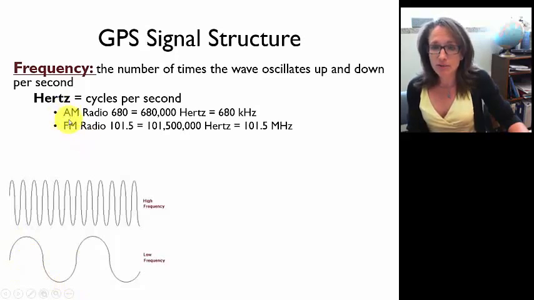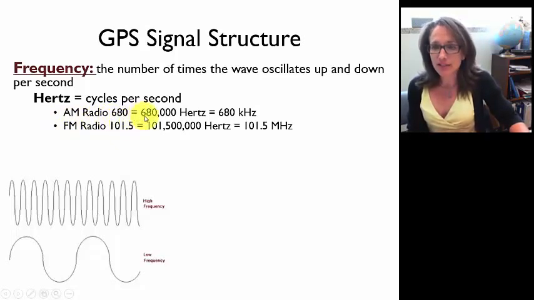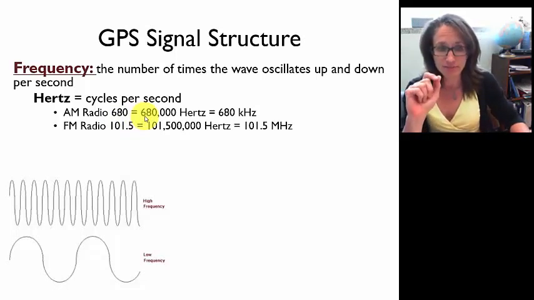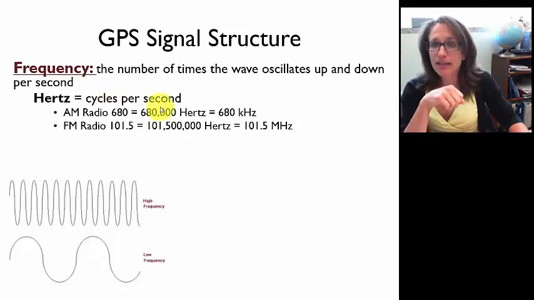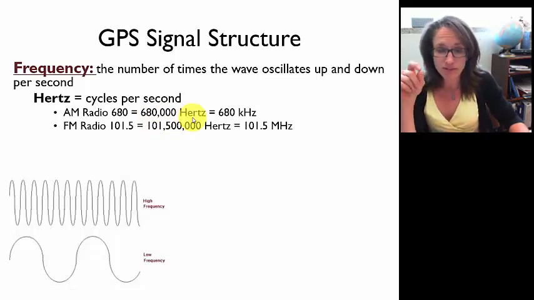Let's look, for example, at our radio stations. If you tune into AM radio station 680, that's actually the frequency of the radio wave that's carrying that sound information to you. That wave has a frequency of 680,000 hertz, which means it's going up and down 680,000 times per second.